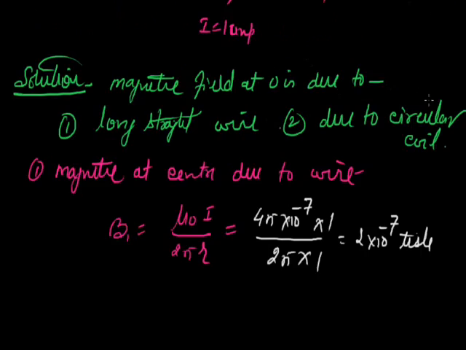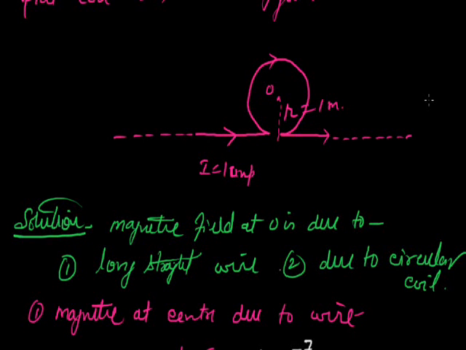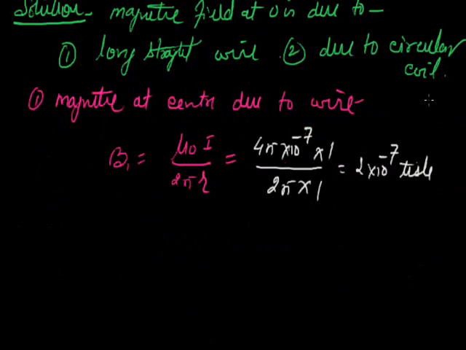The direction of this B1 is given by the right hand thumb rule. If we hold the wire in our right hand such that the thumb shows the direction of current, then the field B1 at the center will be perpendicular to the plane of the coil, outward.